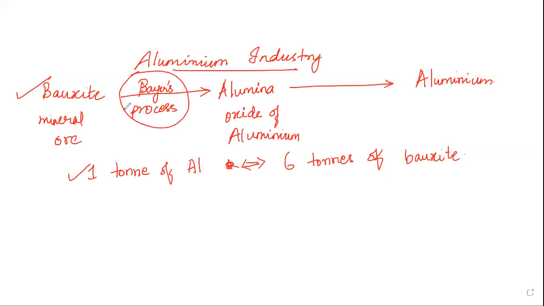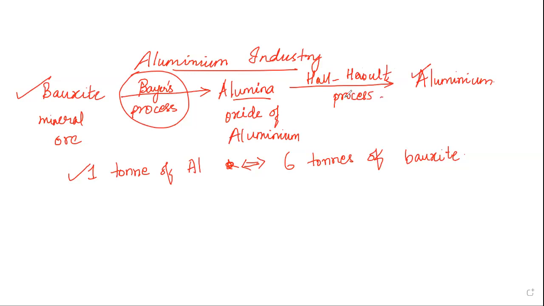Yesterday we read about the Bessemer converter, which is used to produce steel. Bayer's process is used to extract alumina from bauxite. And then you have to extract aluminium from alumina. We have another process called the Hall-Heroult process.